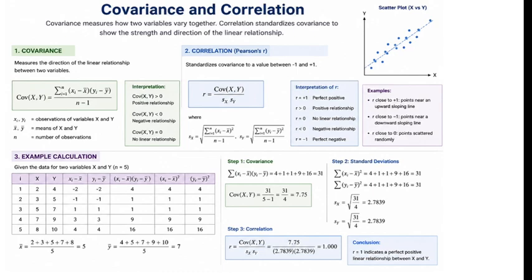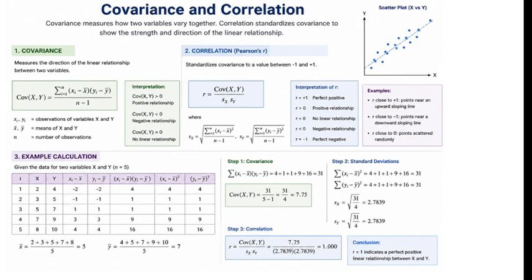The difference between covariance and correlation is that in covariance we use only mean deviations, and to calculate the correlation we need standard deviations. To find the standard deviation we need the mean deviation squares.